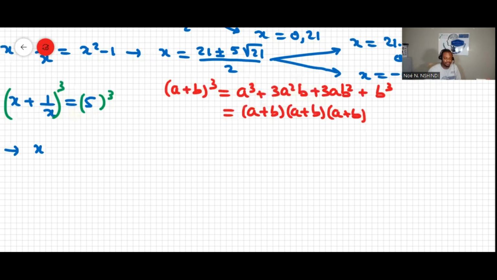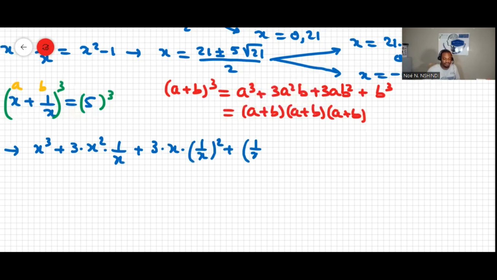In this case my a is x, my b is 1 over x, so it's going to be x cubed plus 3 times x squared times 1 over x, plus 3 times x times 1 over x squared, plus 1 over x to the power of 3.